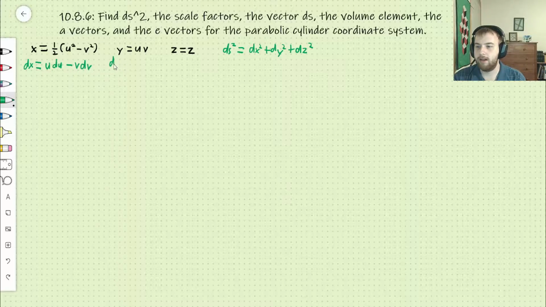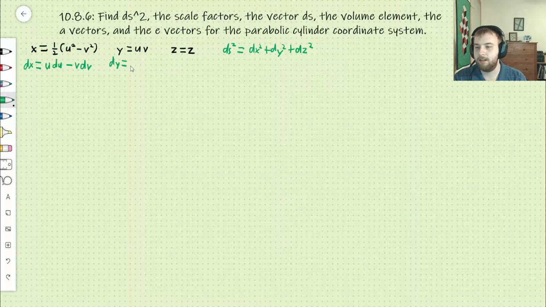And our dy is going to be something similar. We need to do the product rule, remember from Calc 1. I've forgotten this and relearned it many times, don't worry about it. If we take the differential of this one, it's going to be v du plus, and then do it the other way, u dv.